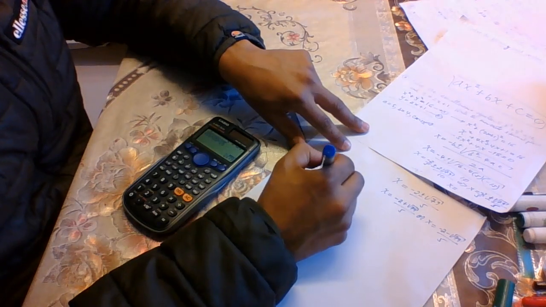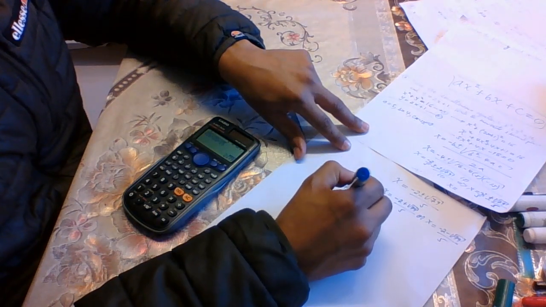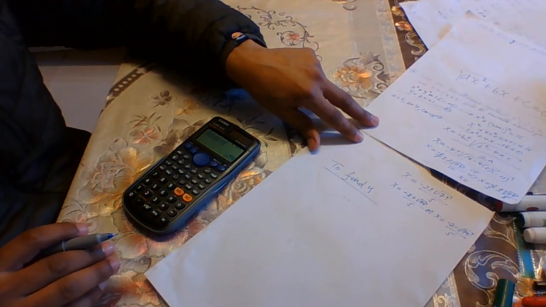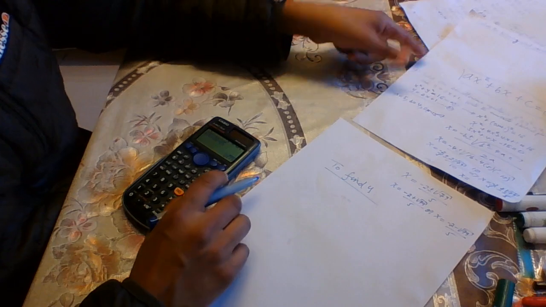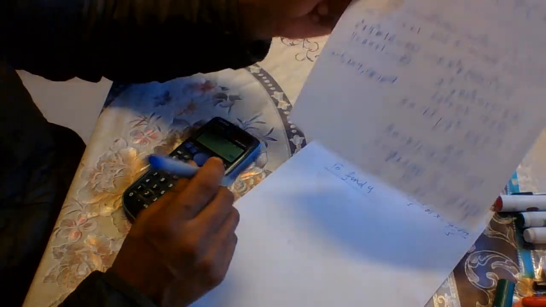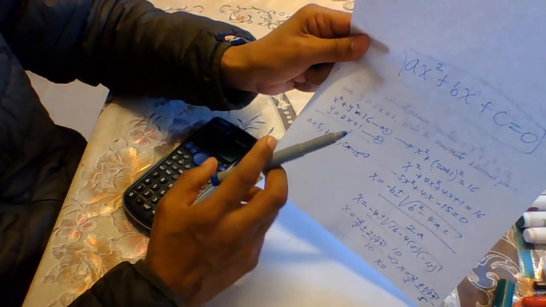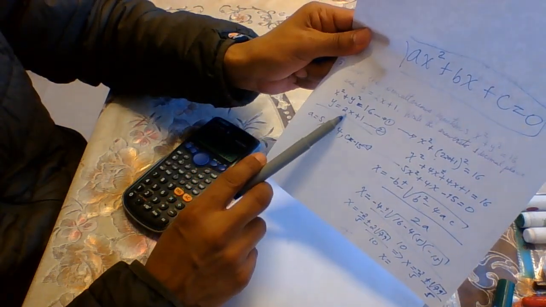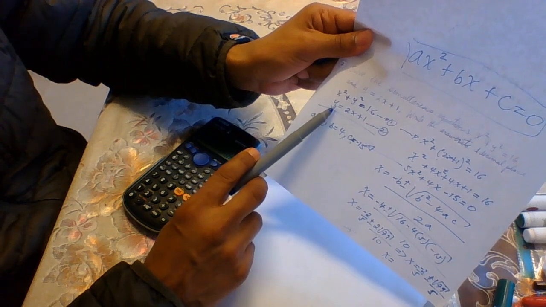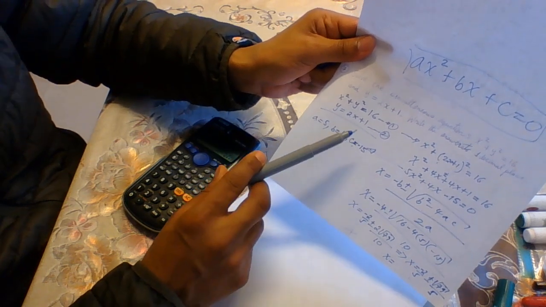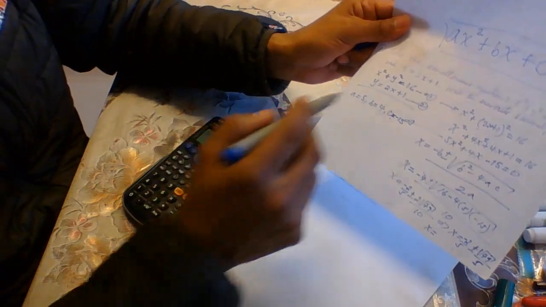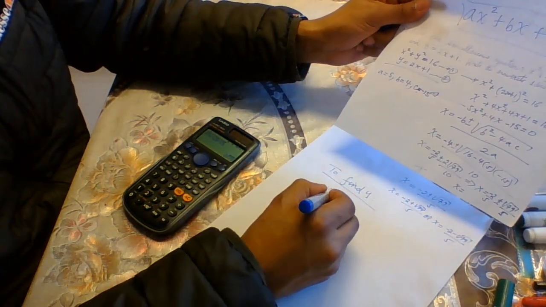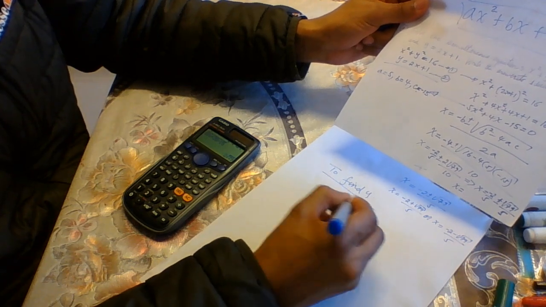To find y, we take either equation 1 or equation 2, but for this particular question, it's better to take the linear one, because it's much easier. So let's use this one to find the value of y. So y is equal to 2x plus 1.